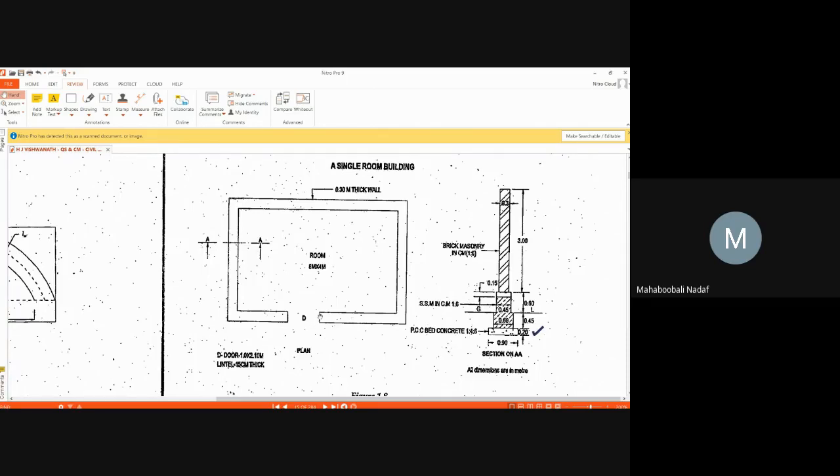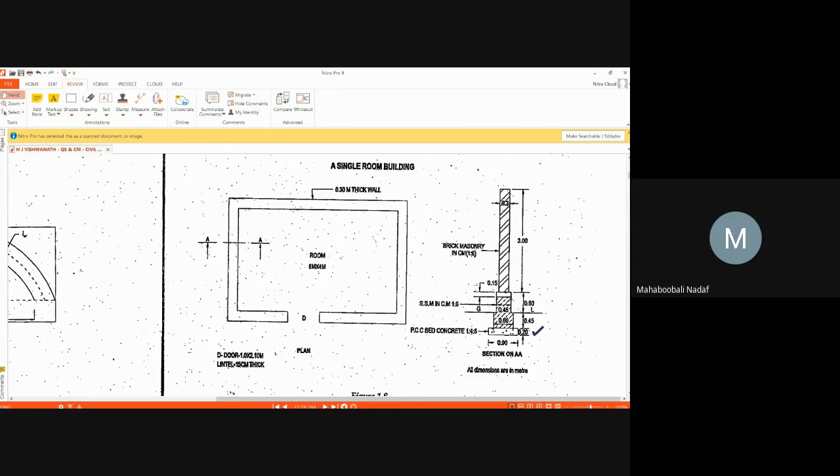So here you need to deduct the door or opening quantity, as well as the lintel, which everyone is aware of. Above the door you have lintels, correct? RCC lintel, stone lintel.